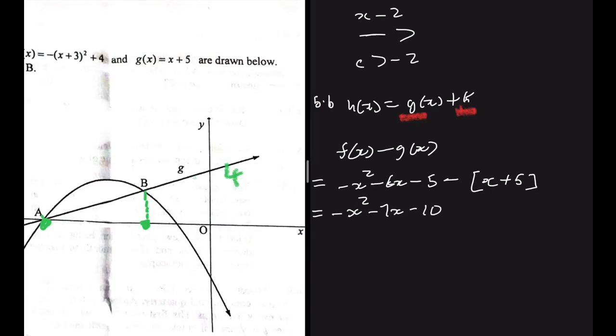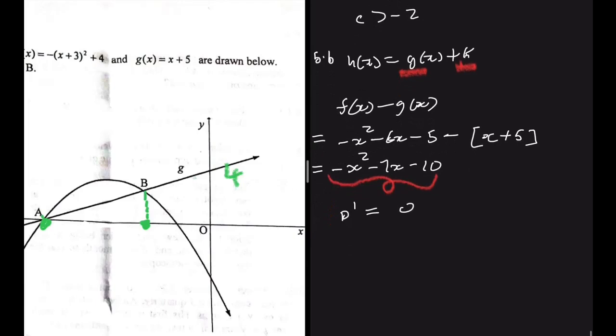If we want to find the maximum distance, we have to differentiate this equation and equate it to 0. So if the derivative of the function for the distance is equal to 0, then we're going to have minus 2x, we can just use the power rule, minus 7 is equal to 0.